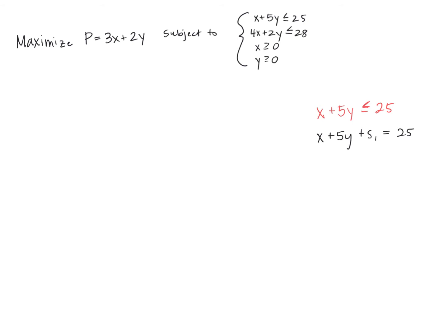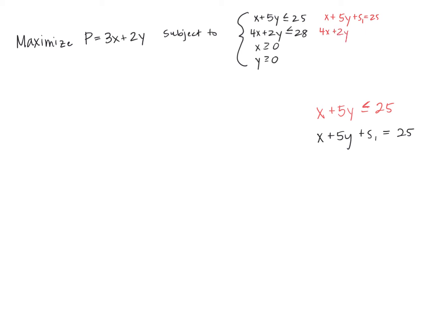All right, so the first inequality, we're going to make into an equation by adding in a slack variable. I'm going to call it S1, just because it's the first equation. And then the second equation is going to have some slack variable.